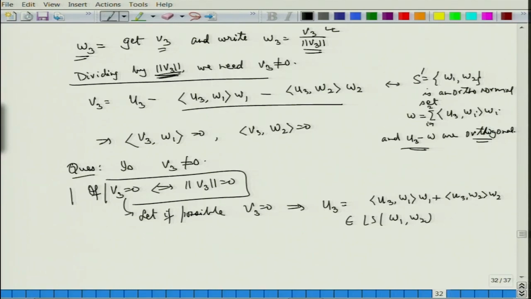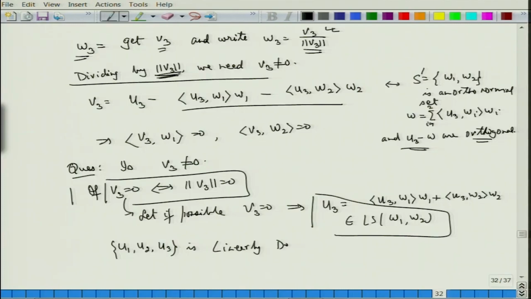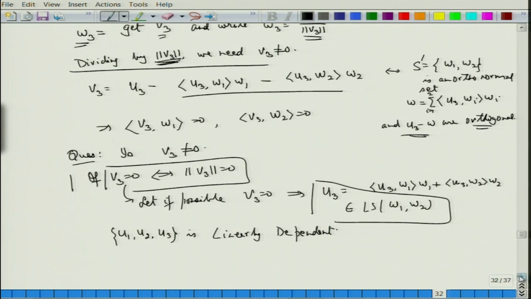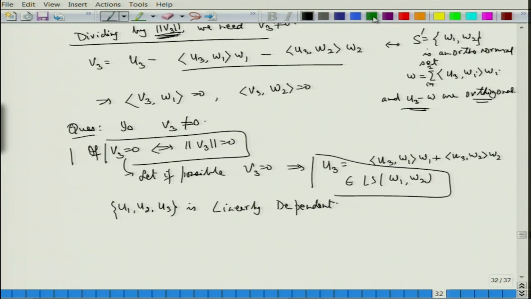If you remember your results about linear independence and dependence, as soon as U3 is in the linear span, the set U1, U2, U3 is linearly dependent. So recall this theorem again.